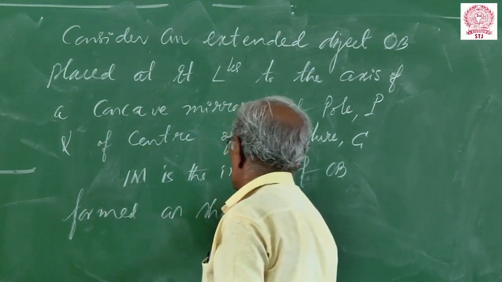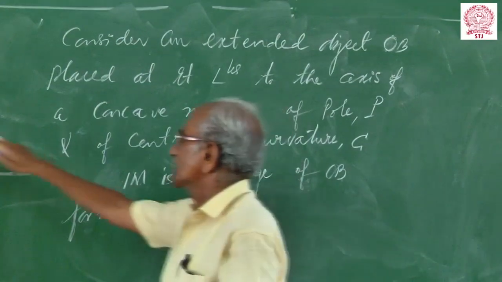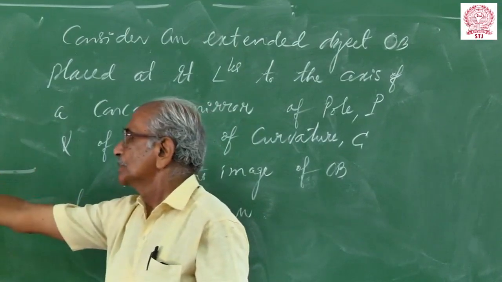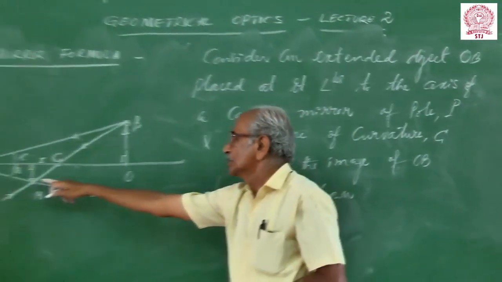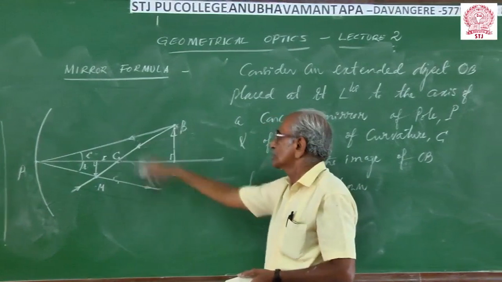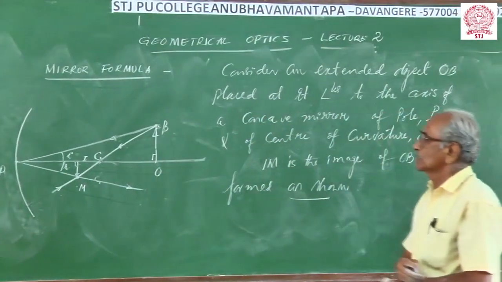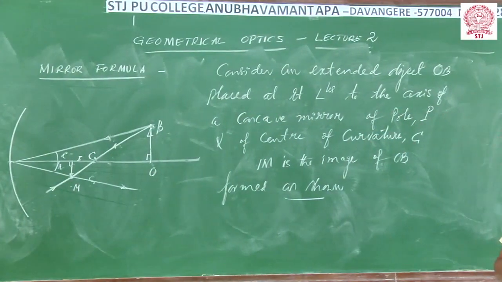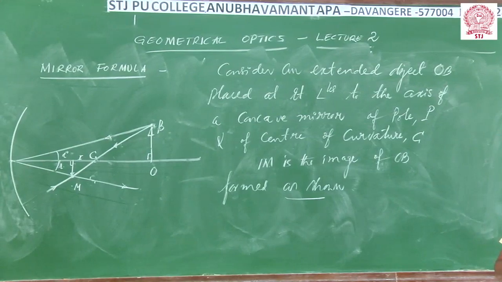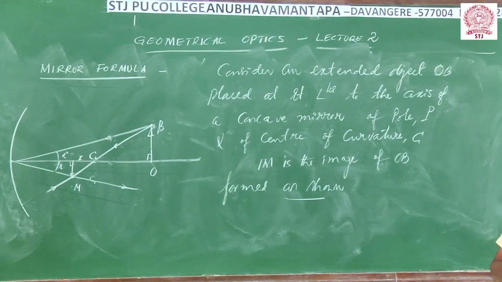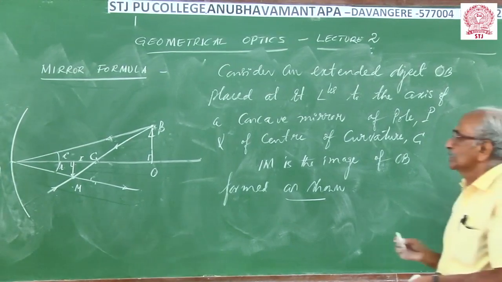That means I have to take two rays from B, make them fall on the mirror, see where they meet. That's the point of image. I draw the perpendicular from that point to the axis. That gives the image. Now observe, there are several triangles here.